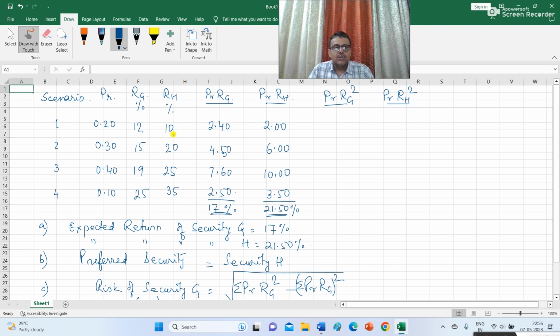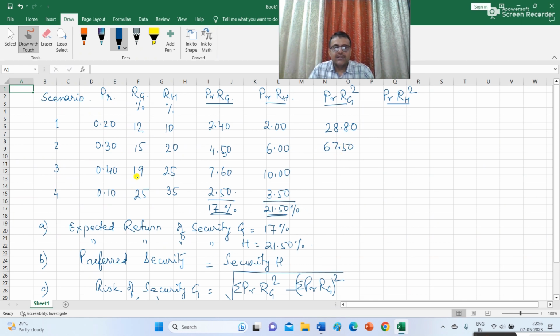So 12 square multiplied with 0.2, you will get 28.80. That is 144 multiplied with 0.2. Then 15 square is 225 multiplied with 0.3 is 67.50.